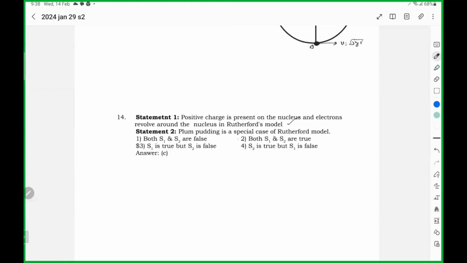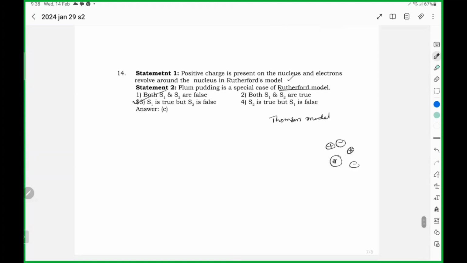And plum pudding is a special case of positive as well as negative charges. That was the Thomson model. So S1 is true, but S2 is false.